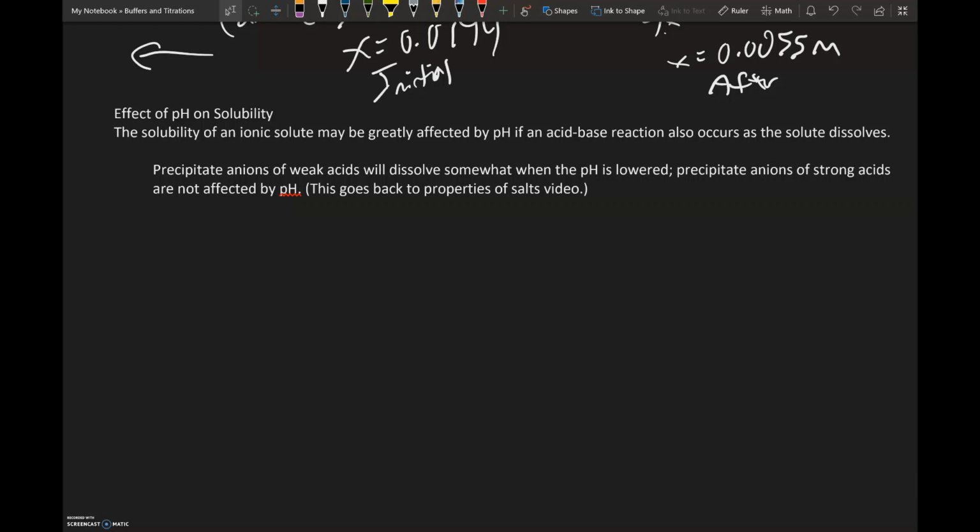So the solubility of an ionic solute may be greatly affected by pH if an acid-base reaction occurs as the solute dissolves. So this goes back to understanding how the anions are going to take place. So if we had a salt of NaCl versus calcium carbonate, just reviewing for a second here.